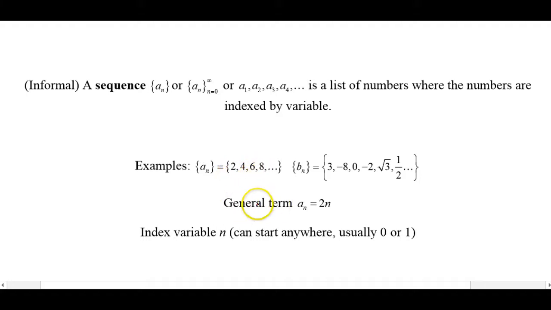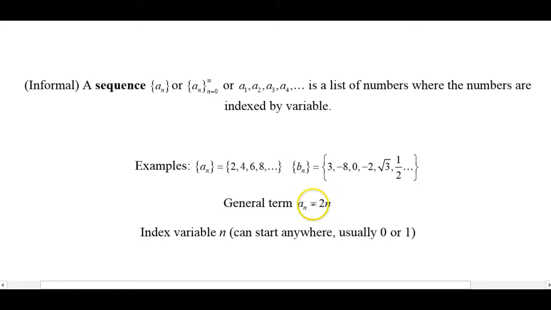So the general term for the sequence A sub n is given also by A sub n, but without the curly braces. The general term A sub n, or the rule for finding the nth term in the sequence, in this case is 2 times n.